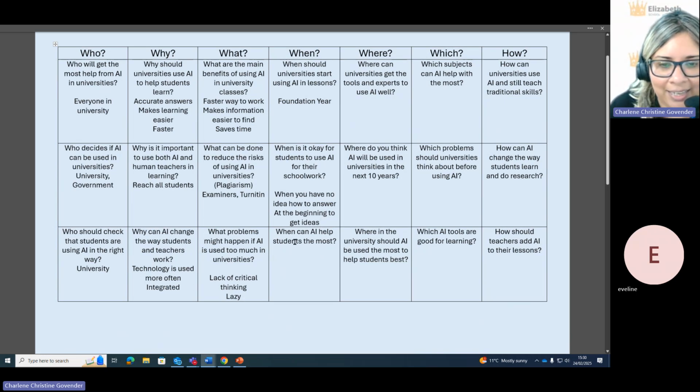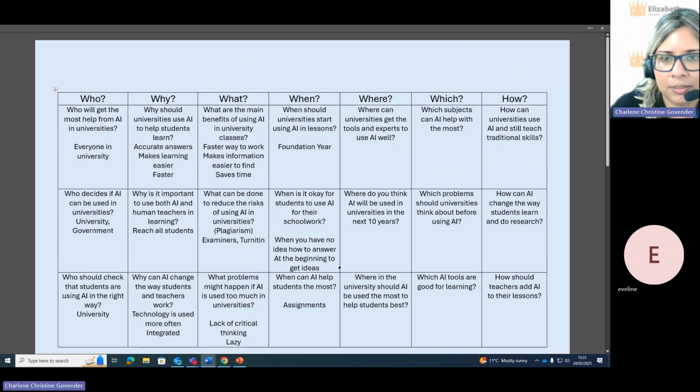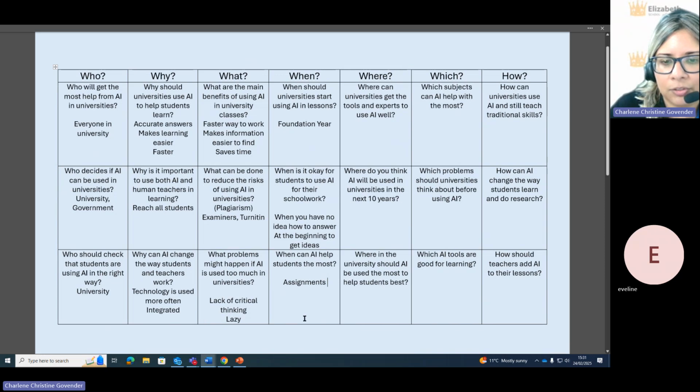When can AI help students the most? Maybe when they have too many assignments to do. Maybe it can be helpful as well. Perfect. So assignments. Okay, so let's go on to where.